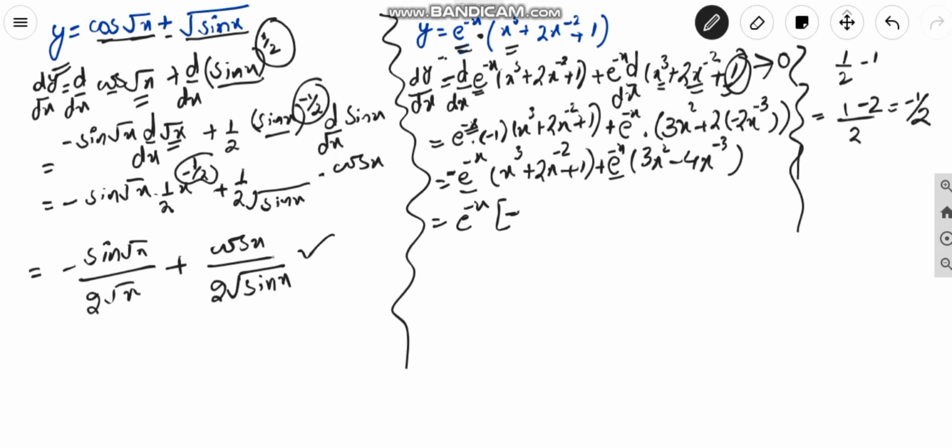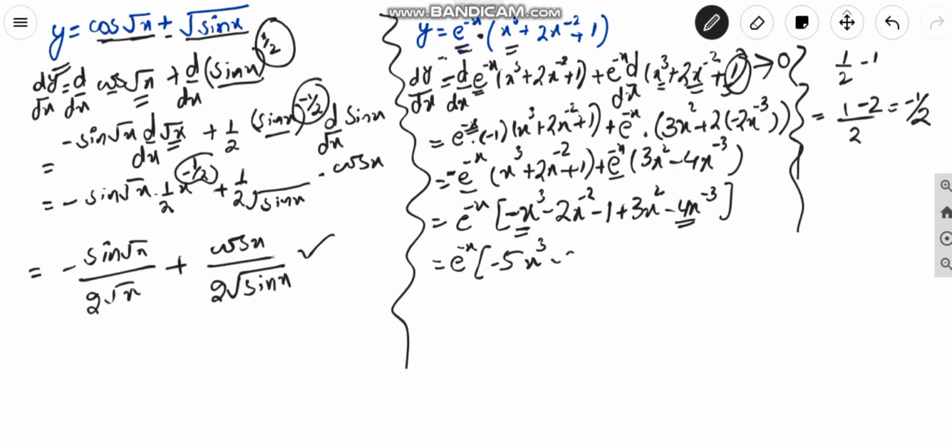Here it will become minus x cube minus 2x power minus 2 minus 1 plus 3x square minus 4x power minus 3. Now our equation becomes, here it is minus x cube and it is minus 4x cube, so it becomes minus 5x cube and minus 2x power minus 2 plus 3x square minus 1. This is the derivative of the given function.